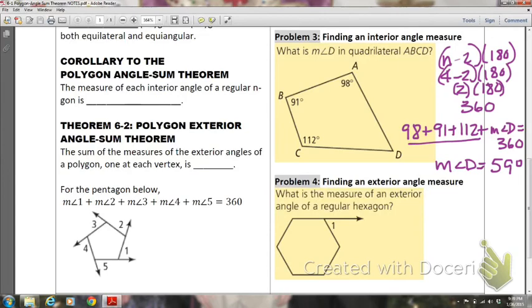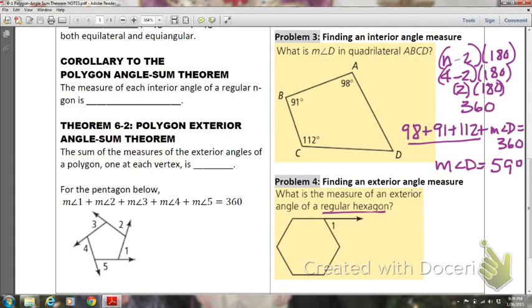In problem 4, you're finding an exterior angle measure, and it asks what is the measure of an exterior angle of a regular hexagon. So a regular hexagon has 6 sides. And we know from the polygon exterior angle sum theorem that the sum of the measures of the exterior angles of the polygon is going to be 360.